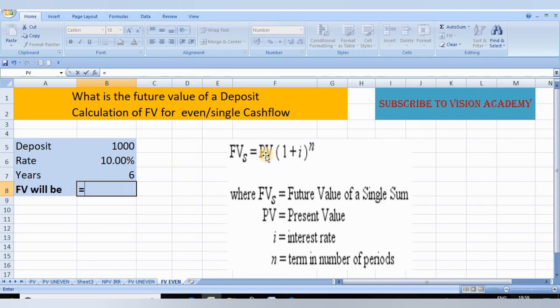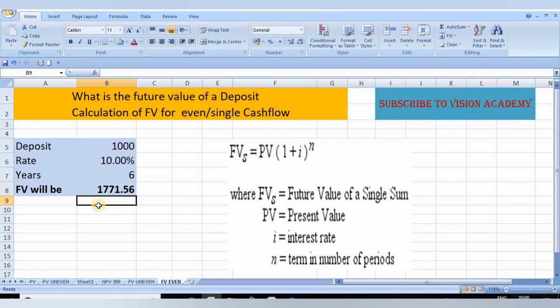Present value in the given scenario is 1000, which must be multiplied by (1 plus i), where i means interest rate, to the power of n. N means the number of periods you are going to wait for your maturity.